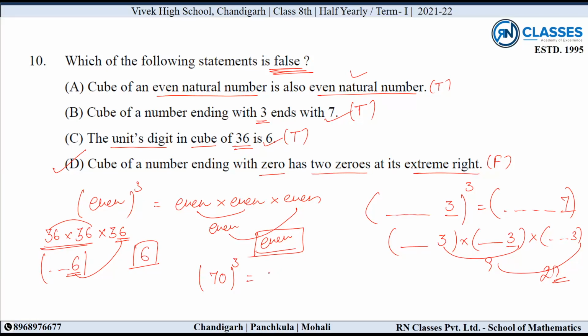Let's see, 70 cube is 70 into 70 into 70. 70 into 70 how much it would be? 4900 into again 70. 4900 into 70 कितना हो जाएगा 343 and 1 2 3, 3 zeros. अब ये कह रहा है there will be 2 zeros, मैं कह रहा हूं there will be 3 zeros. So this statement is false. We found out a solution जिसमें 3 zeros दिख रही है मुझे.